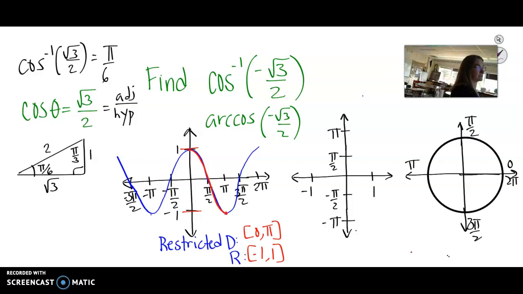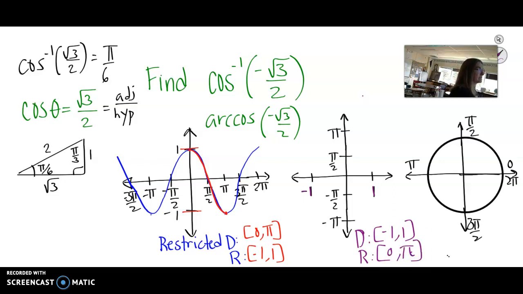Because the inverse interchanges all x's and all y's, the whole entire domain and range interchange as well. So I'm going to have a domain that goes from negative 1 to 1, which is why I put negative 1 and 1 on my x-axis instead of my y. And my range is going to go from 0 to pi.